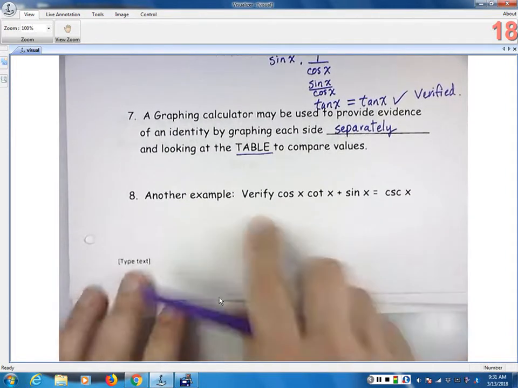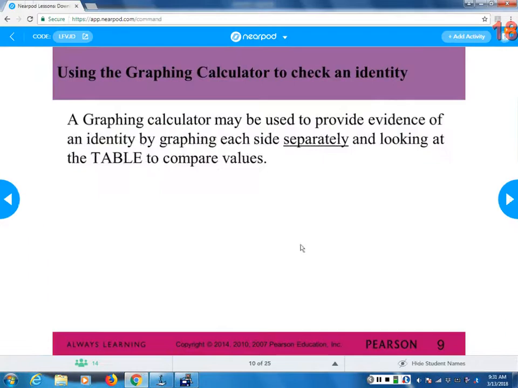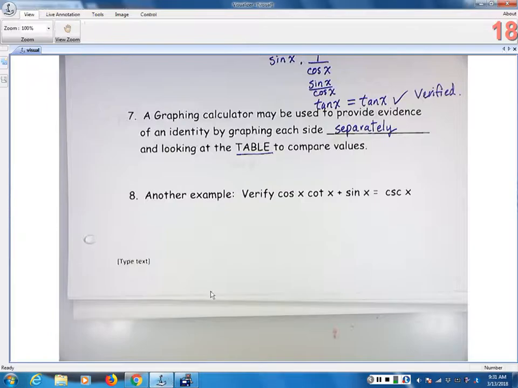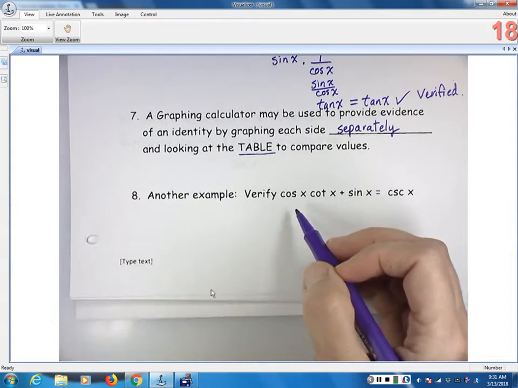Okay, here's another example. And I'll go to the slideshow for it. All right. So, verify this identity. Number 8.